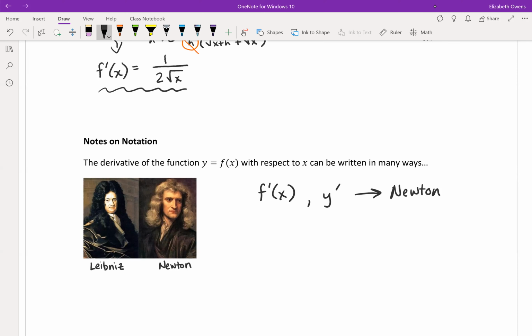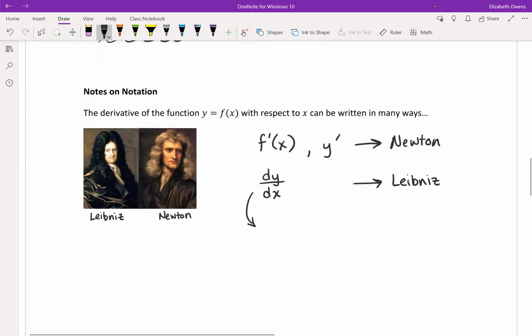Now, some other ways to write the derivative are dy dx, like so. And this, and another one we'll have here, are going to be Leibniz's notation. And where this actually comes from is the idea that the derivative truly does represent the slope of a tangent line.